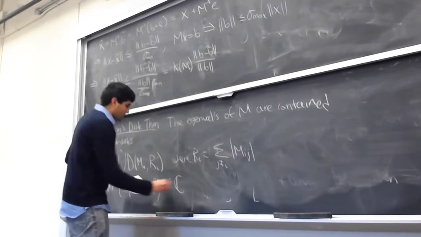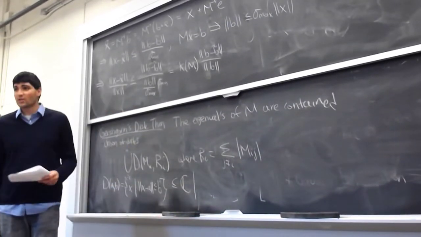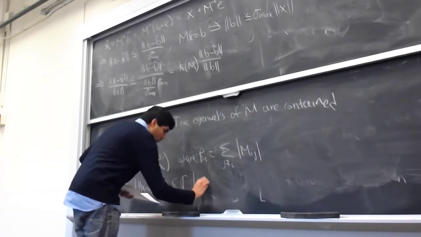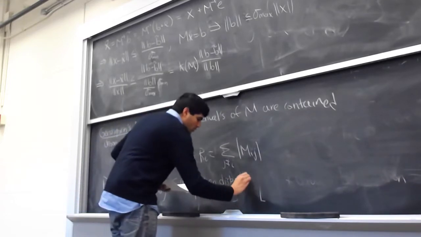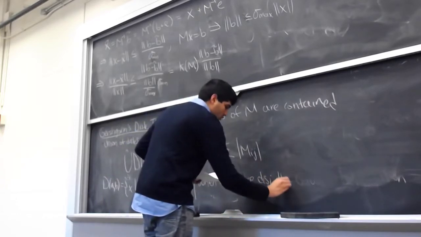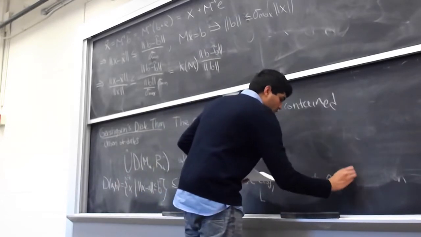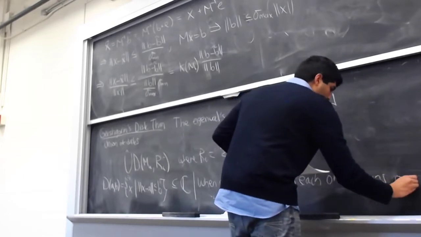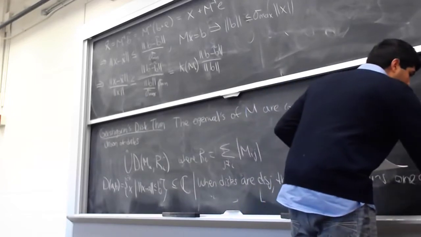And the last thing that I want to say is that there's actually a stronger version of Gershgorin's theorem, which I'm not going to prove, but it turns out when the disks are disjoint, then each one contains one and only one eigenvalue.